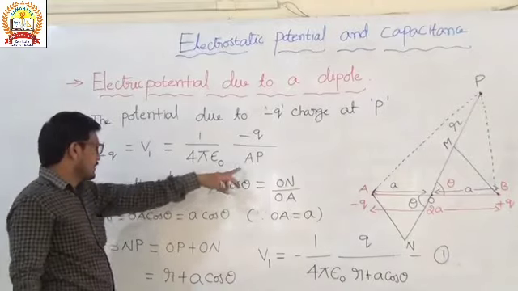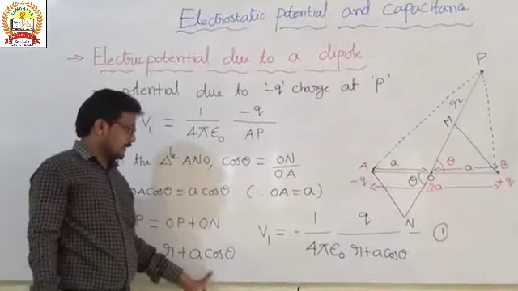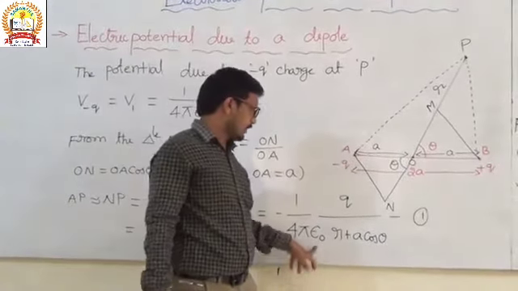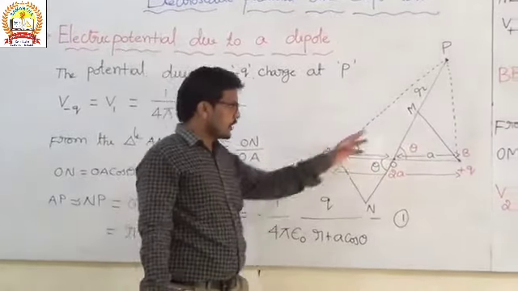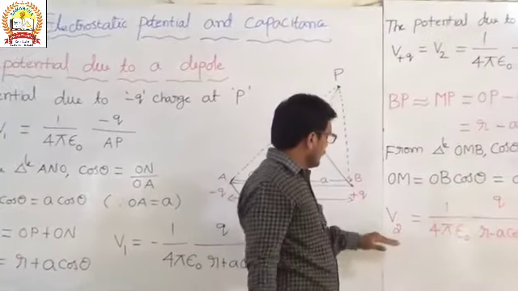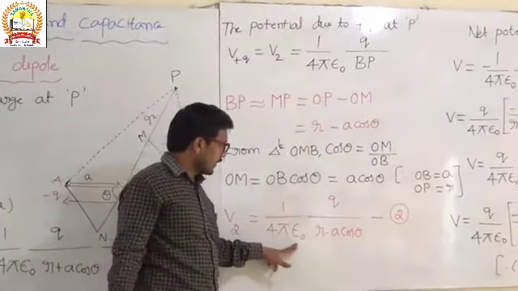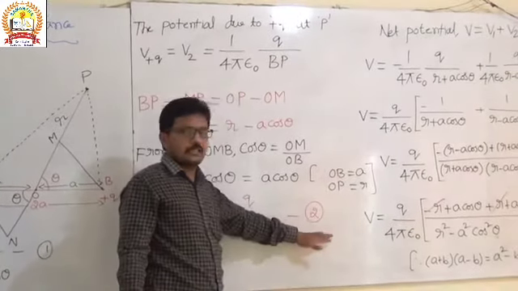We simplify the distance AP and get R plus A cos theta, and we substitute, then V1 is minus 1 by 4 pi epsilon naught Q by R plus A cos theta. Similarly, the potential due to the positive charge, by simplifying, we get V2 equal to 1 by 4 pi epsilon naught Q by R minus A cos theta, and we consider the second equation.